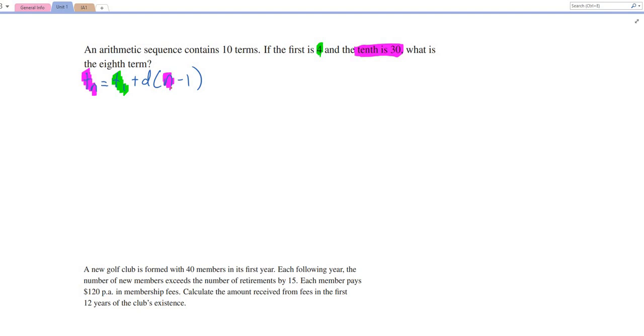So you can replace Tn with 30 and n with 10, because this basically tells us that T10 equals 30. So we can replace Tn with 30 and n with 10 and go from there.